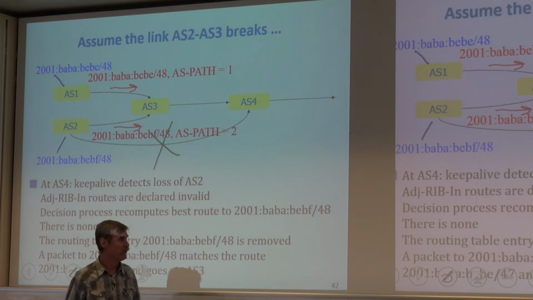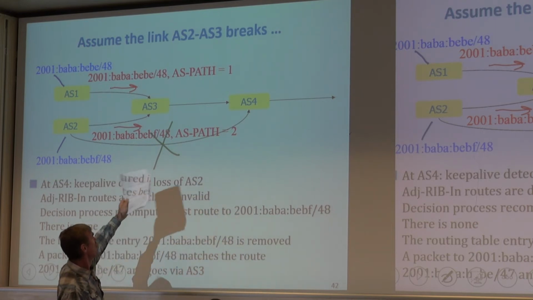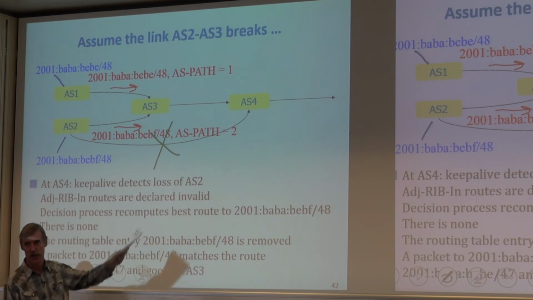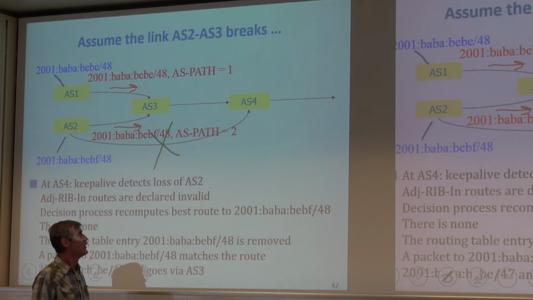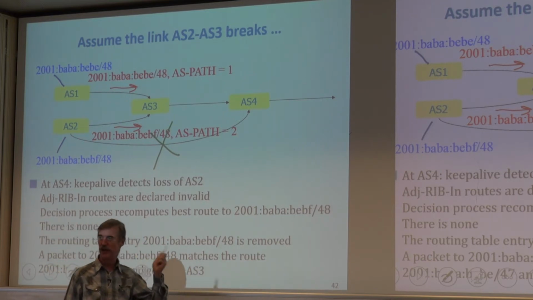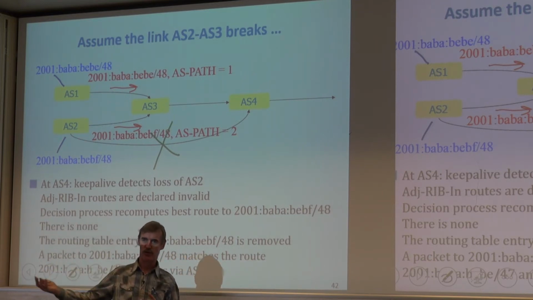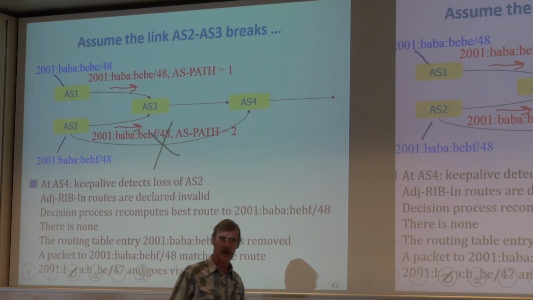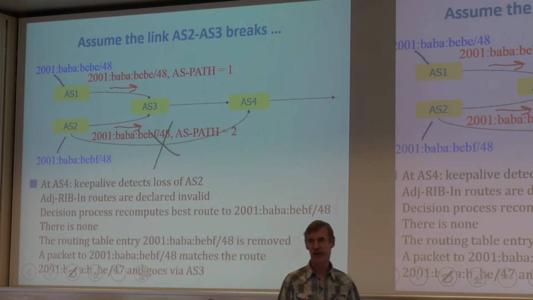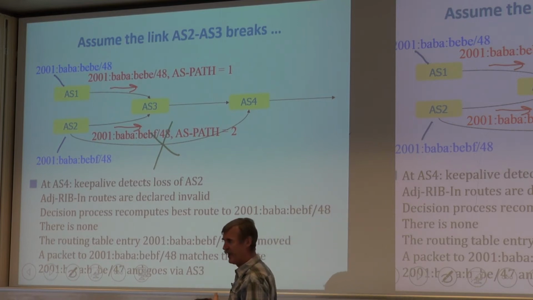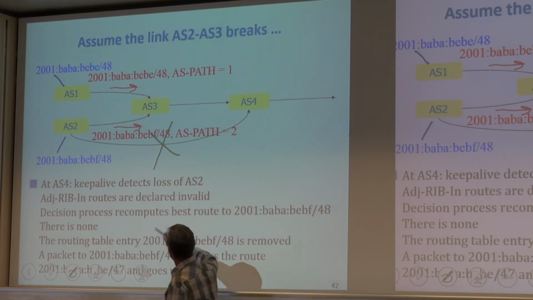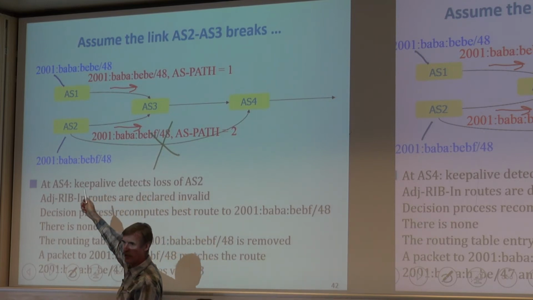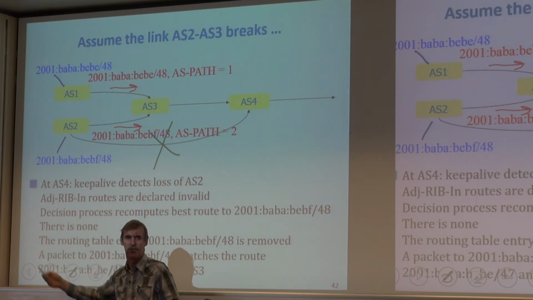If you're AS4, like here, and you receive those two blocks, one which is one route with a 48-bit block, another route with a 47, you might aggregate them, but you might aggregate them only when you pass them along to other ASs. Inside your domain, in principle, you will want to keep this detailed information, except if you decide that you don't like the route received from AS2, because you don't like to have a direct connection to AS2.